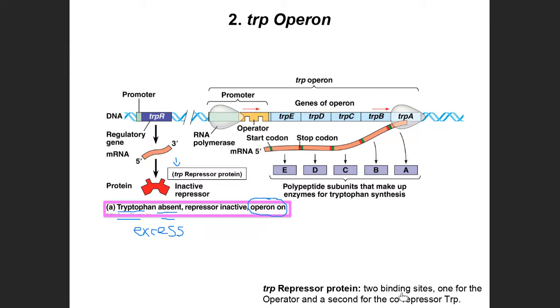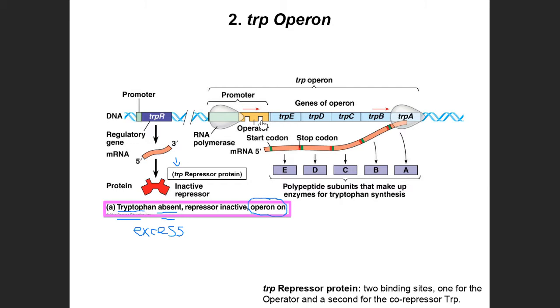One is for the operator, the other is for the co-repressor tryptophan, any excess tryptophan. What was discovered is that when there is no excess tryptophan, the trp repressor protein is in an inactive state. The shape of the trp repressor protein on the side where it binds to the operator doesn't complement the operator, so it can't bind.